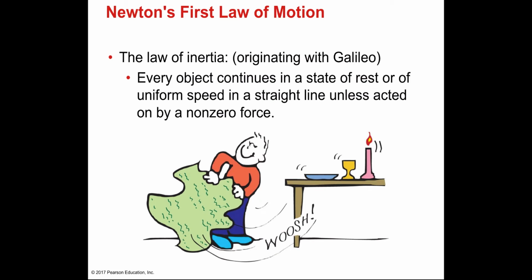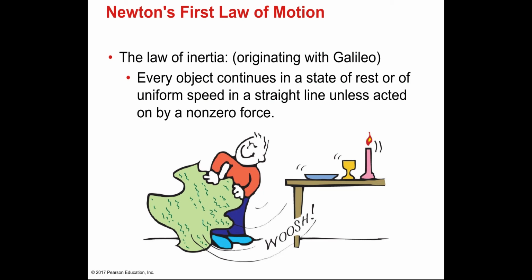Remember, when you place an object on a table, that object has a tendency to remain on that table unless a force acts on it. The force can be you trying to push it, wind blowing it, or an earthquake. But there needs to be a non-zero force.